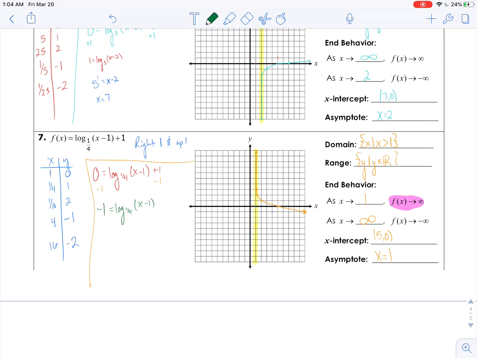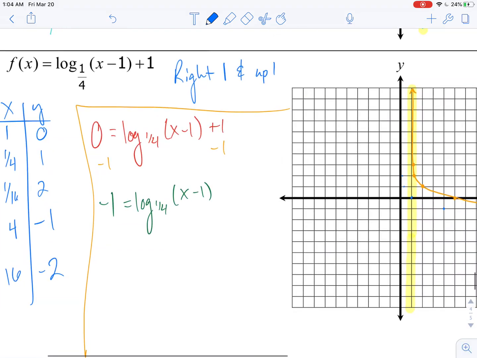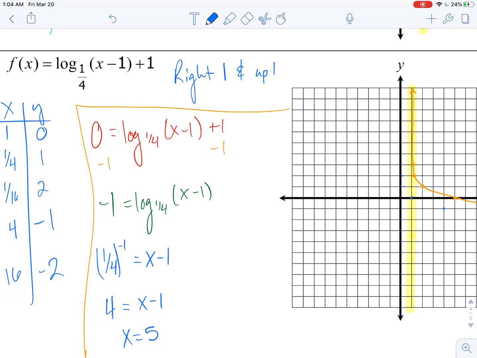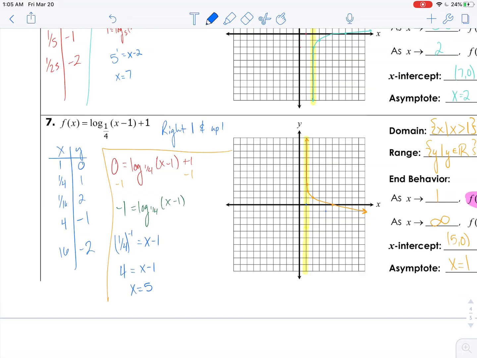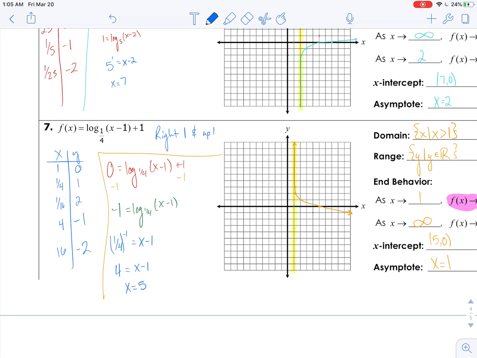So negative 1 equals log base 1/4 of x minus 1. And now anytime we've got a log equals a number, I'll write this in exponential form. So 1/4 to the negative first equals x minus 1. Anytime I've got a negative 1 power, we can sort of flip our fraction. 4 equals x minus 1, and sure enough, x is 5.